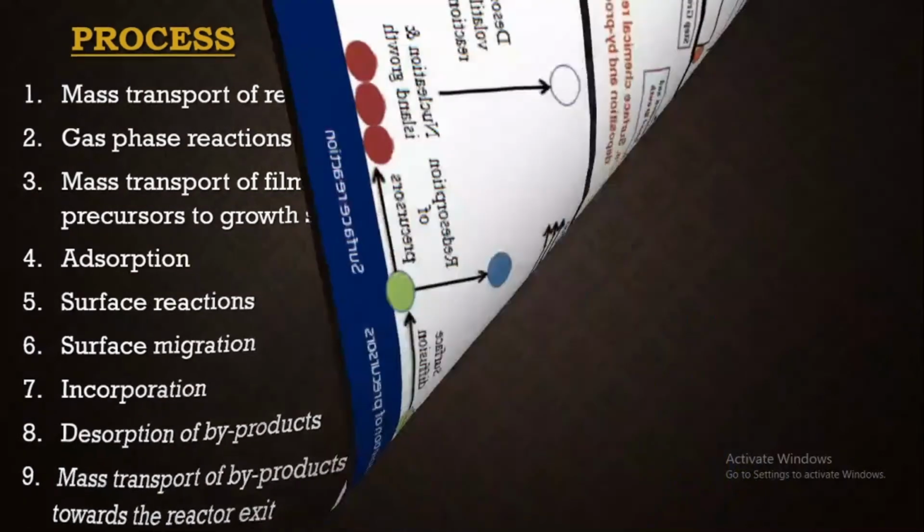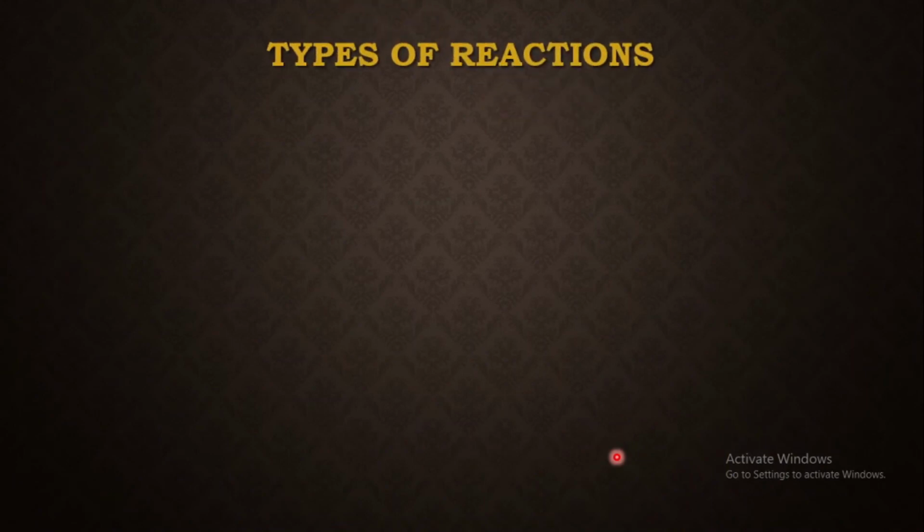And under CVD techniques there are different types of reactions which are taking place, and some of the important types of reactions I am listing here, mainly 5. So the first one is the pyrolysis process. Pyrolysis means related to pyre, meaning thermal or heat.